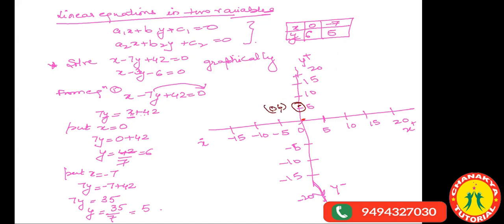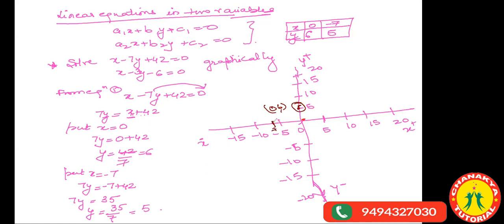And on graph paper, while drawing any graph, you people have to use only a pencil. No one will use the pen. Clear, beta? And you have to mention the coordinates of each point. So this is the point. Now next is minus 7, 5. So minus 7 will lie here. Suppose this is minus 7.